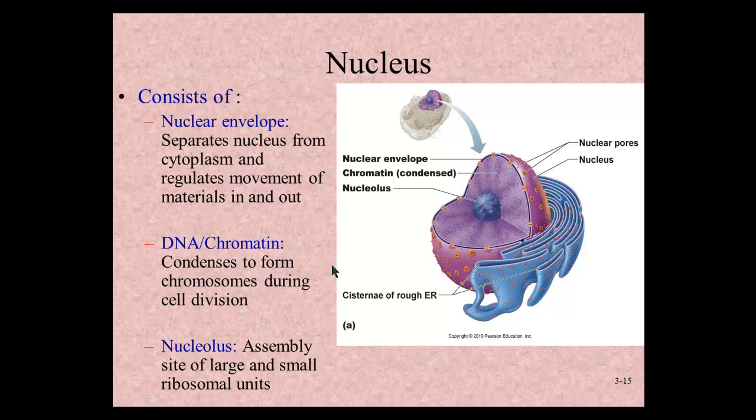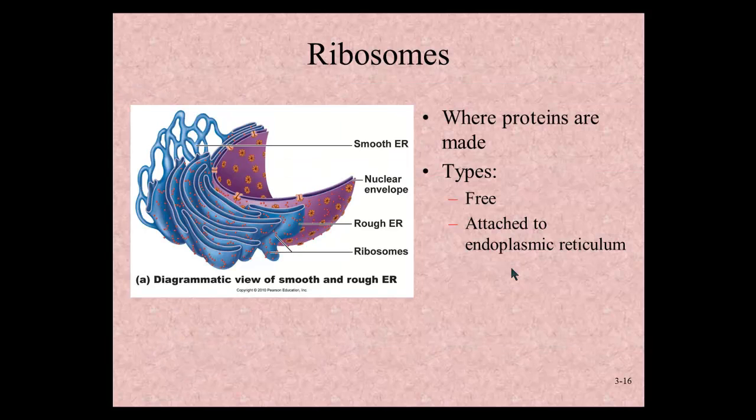Here we can see the next organelle we're going to talk about, and that's the rough ER. So here we can see the rough ER, that its membrane is continuous with the nuclear membrane. So we have the space here that contains the DNA. This is the nuclear membrane shown in purple with the pores in it. And continuous with that is the membrane of the rough ER.